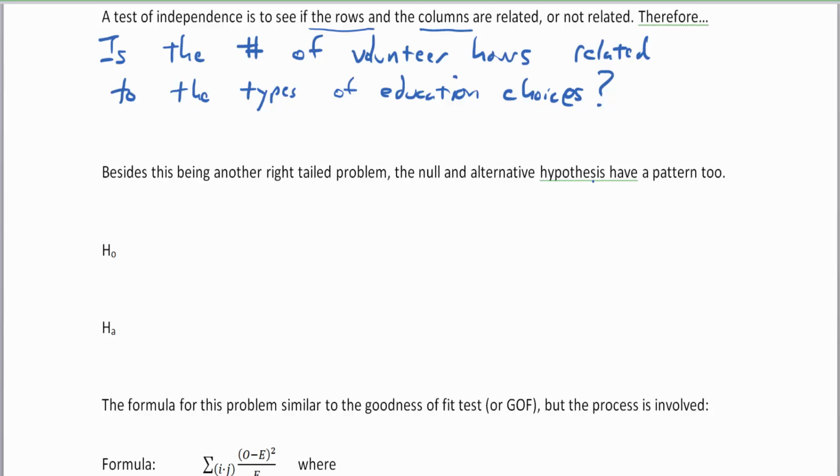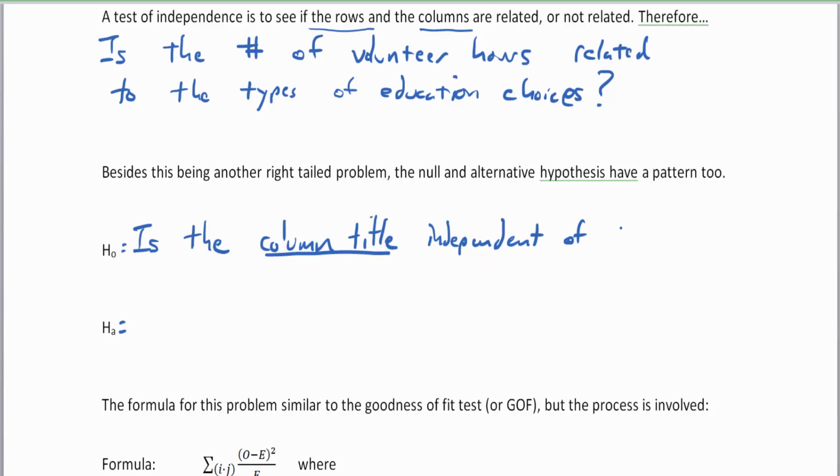The null and alternative hypothesis have a pretty good pattern as well. I'm going to write down the format that you will use for these problems. Is the column title independent of the row title?